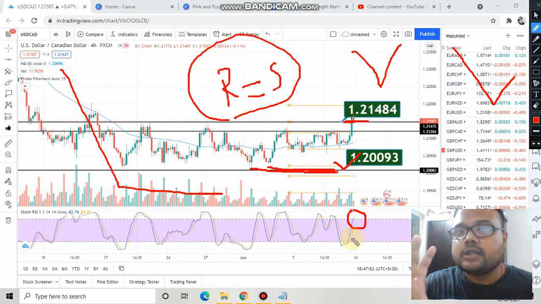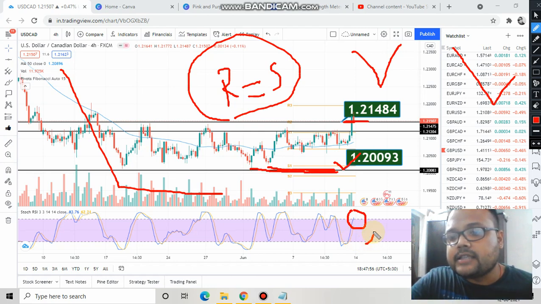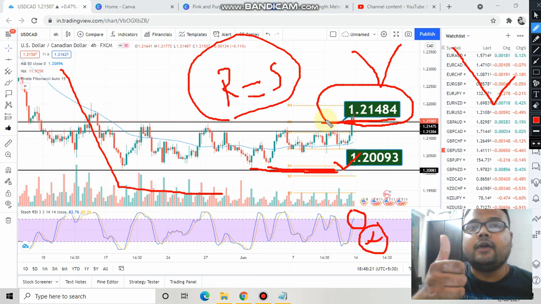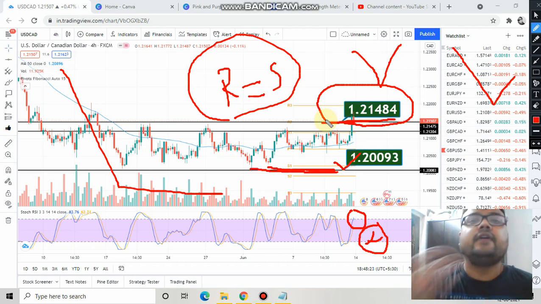So when stochastic RSI will be moving up again like this, just look at the price and see where the price is. If you see price trading above this particular level when stochastic RSI is moving up again from the oversold zone, then also you can go for a buy order, and this will be a much safer entry for you.